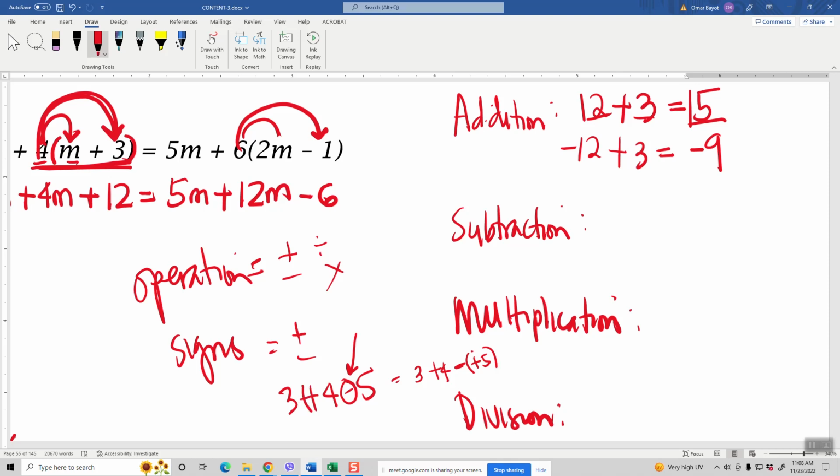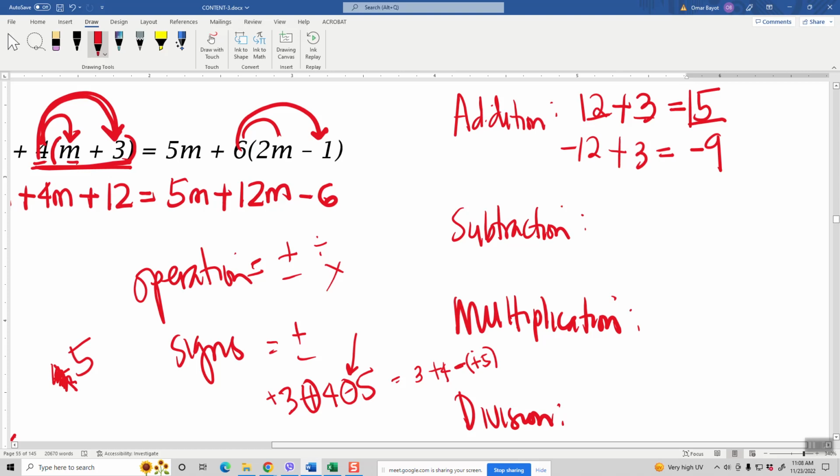Okay? Take note of that. So, these are all operations. What is the sign of 3? It must be understood to be positive. Okay? So, when your answer ends up with positive 5, you don't need to place plus here. Okay? It's already understood. When it stands alone, 5 is understood to be positive. Okay?